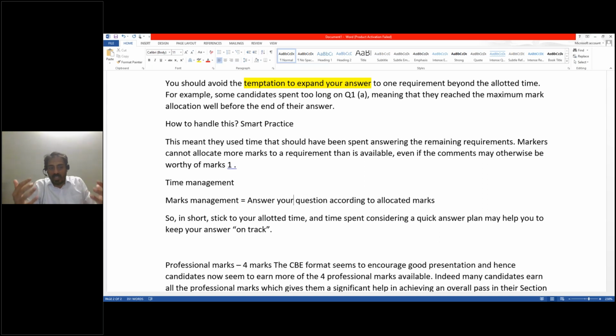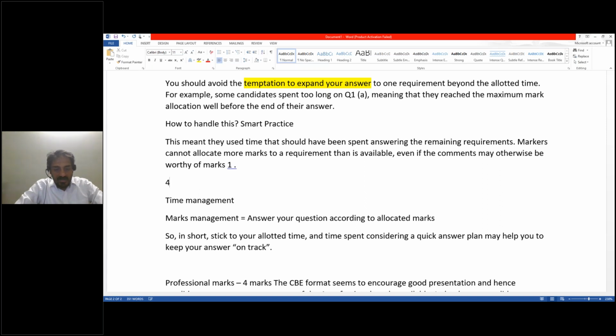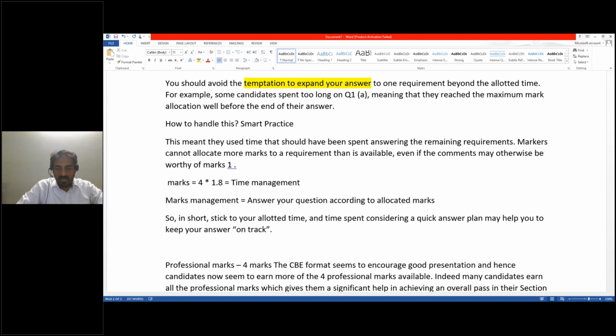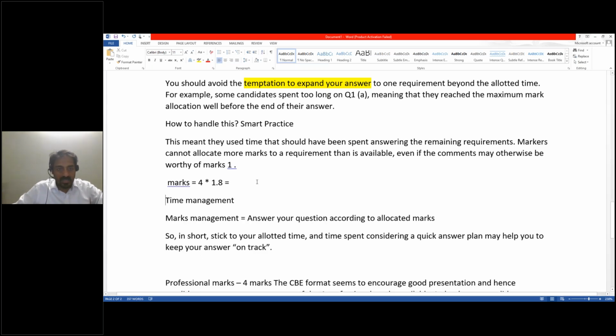If the examiner asks you for something for 4 marks, you people know very well, 4 marks means 4 multiplied by 1.8 is equal to, this is a simple calculation, almost 7.2 minutes.